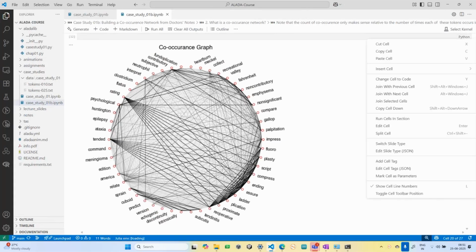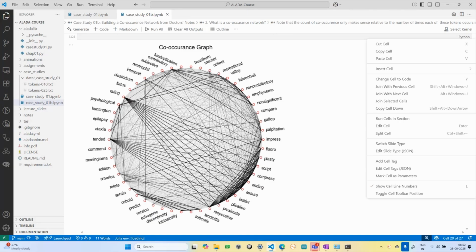So I've essentially taken all the 50 tokens we have, put them on the circumference of a circle, and whenever a Cij term is large, let's say close to 1, then that would essentially result in a thick black line between them. If it's 0, then there is no line between the two nodes. This is essentially a graph. I'm visualizing a graph, the co-occurrence graph.